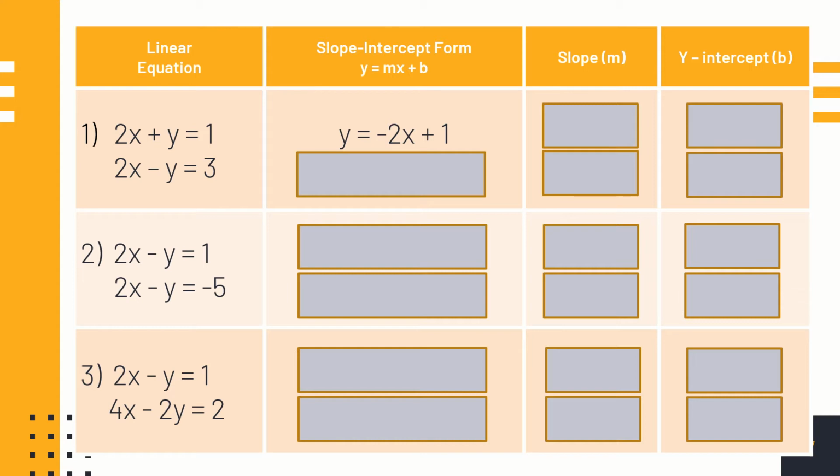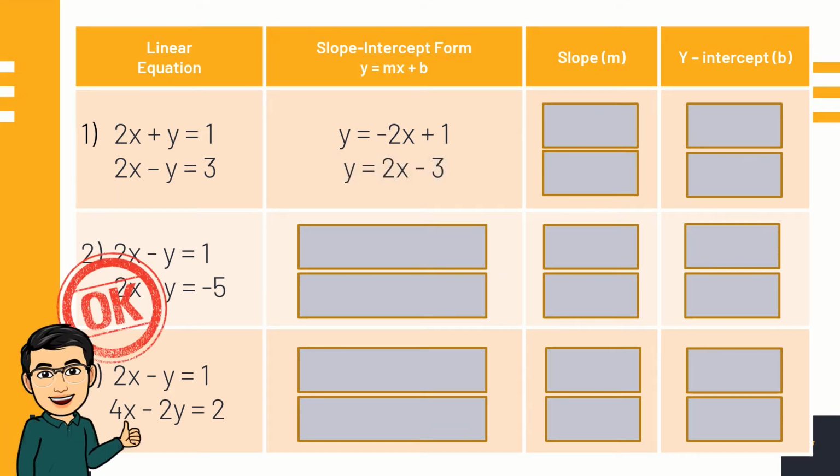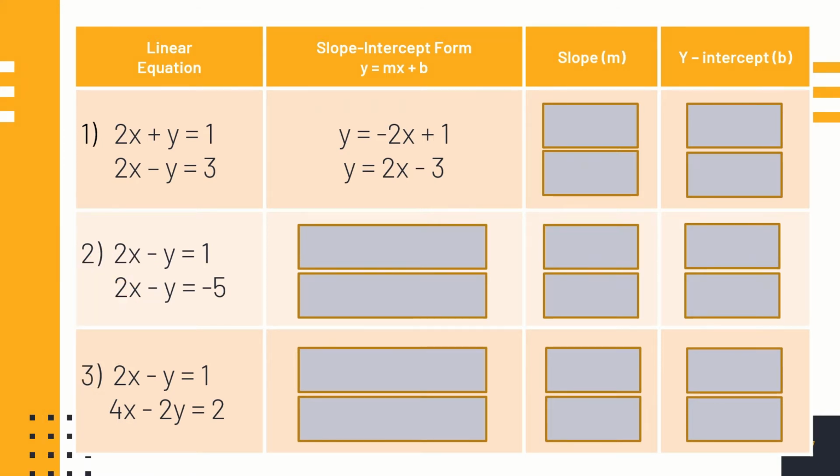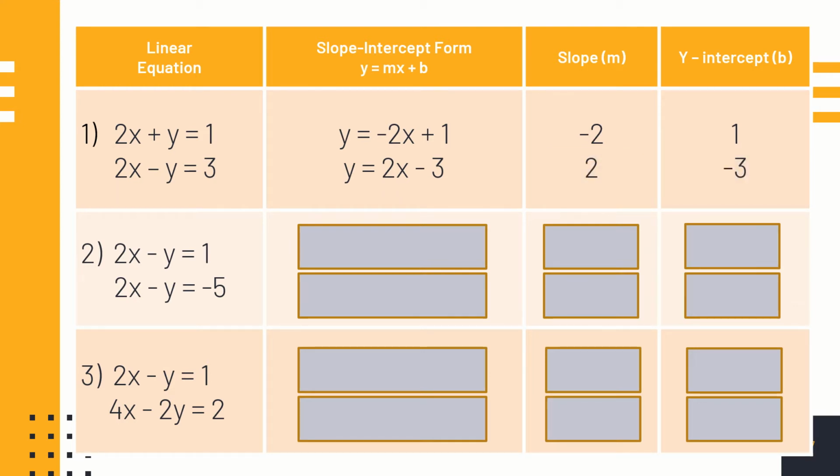Then, the slope-intercept form of the second equation is y equals 2x minus 3. Going back to our first equation, the value of the slope is negative 2 and the value of the y-intercept is positive 1. While on the second one, it is 2 and negative 3 respectively.